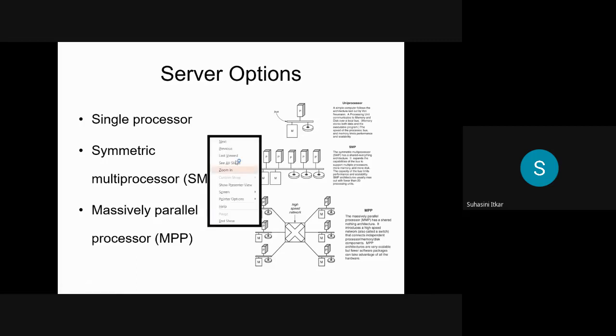So what is the difference between the symmetric multiprocessor architecture and the massively parallel processor architecture? The difference is that here the processors are networked and they don't have local memory or local storage. They share the global memory and the global storage.